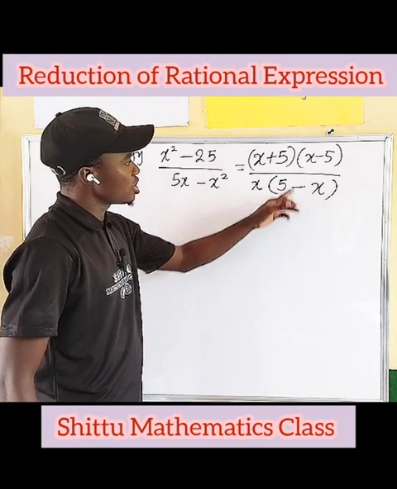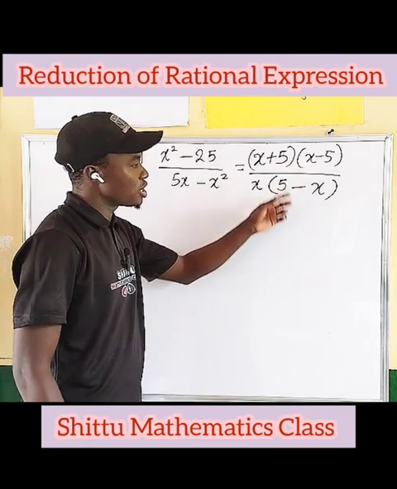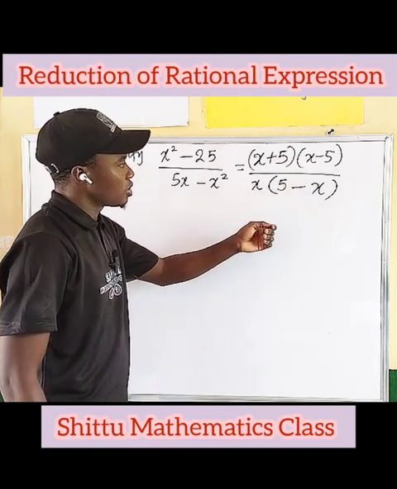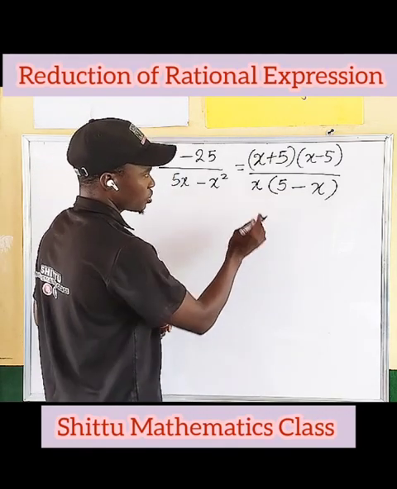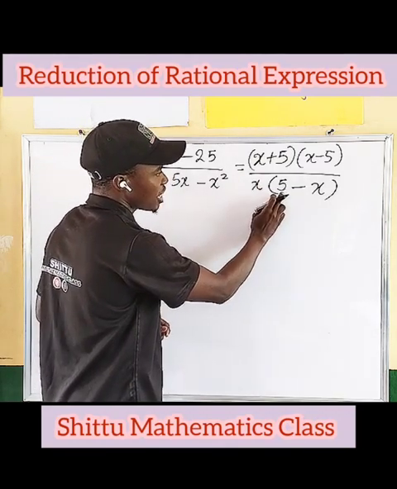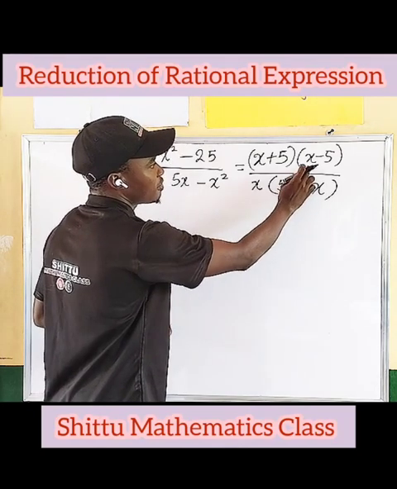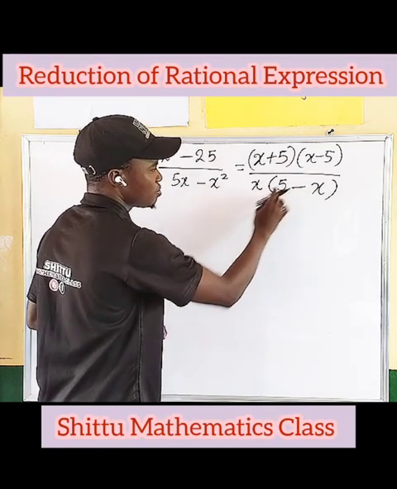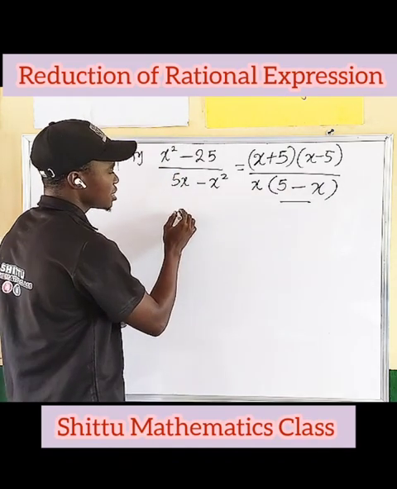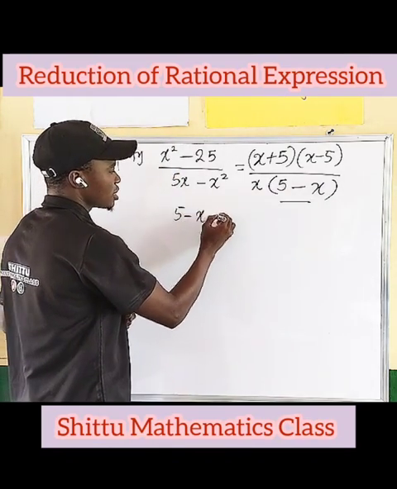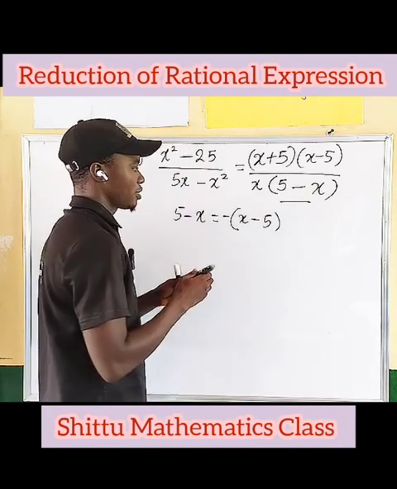So what's the next thing to do? We want to see if the cancellation is allowed here. Before that, I consider that we have 5 minus x here, then we have x minus 5 here. Is there anything we can do to this 5 minus x? We can see that 5 minus x is equal to, I'm going to use minus a.